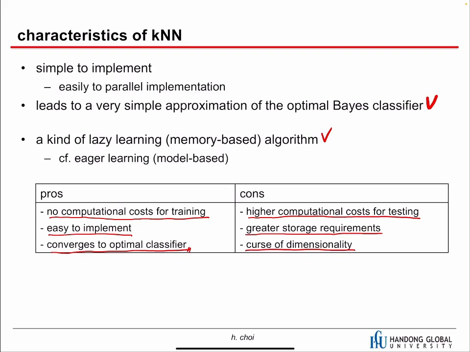And based on these assumptions, we try to find patterns from the training samples. But in kNN, we don't try to find any patterns. We keep all the training samples. That's why we call it lazy. It doesn't learn anything from the samples.